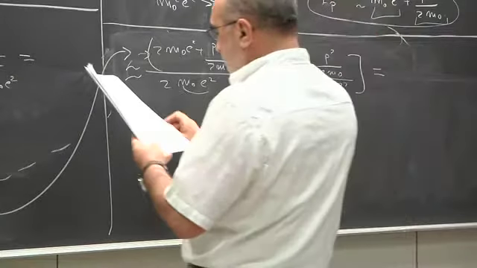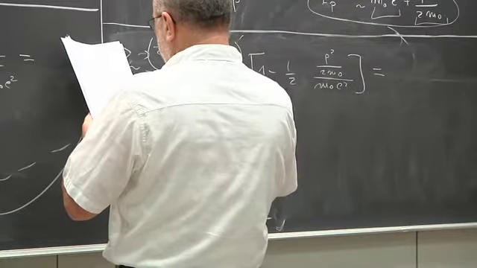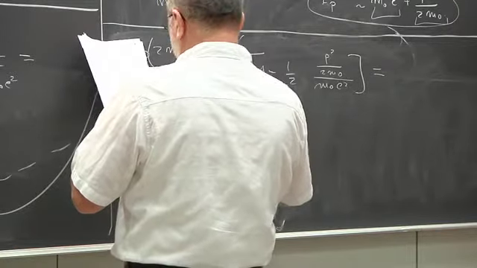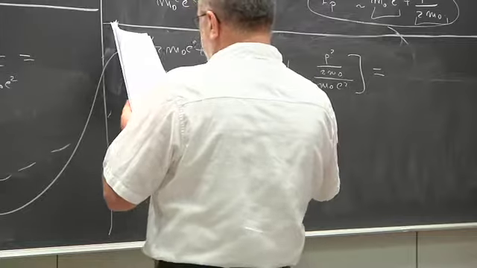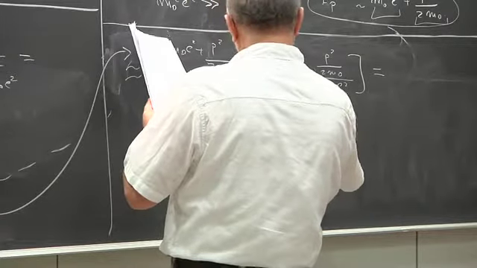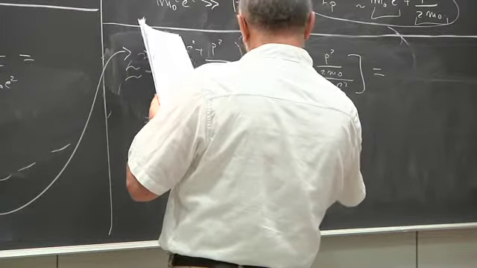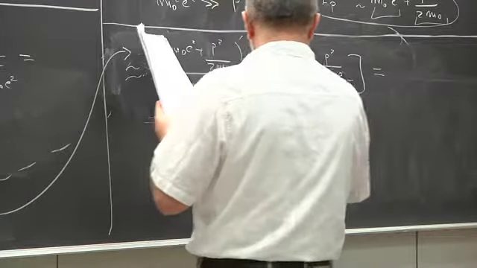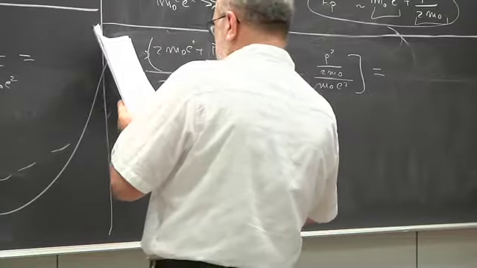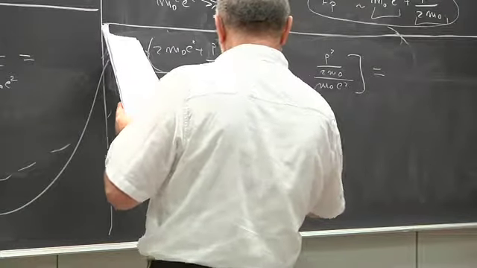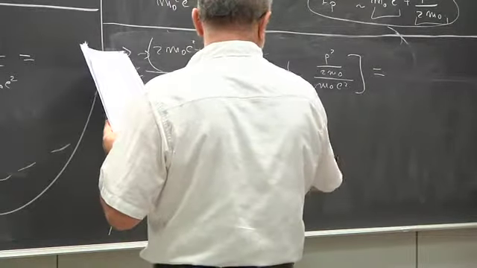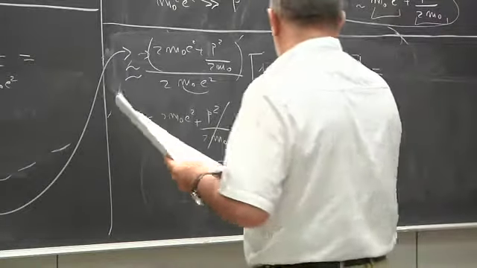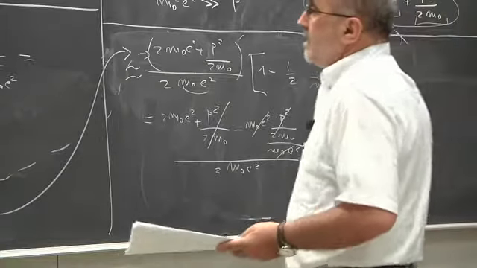Now if you do this calculation, you get 2m0 c square plus p square over 2m0 minus m0 c square times p square over 2m0 c square, over this quantity 2m0 c square, and you see that these cancel these, and you are left with this over this, that is 1.